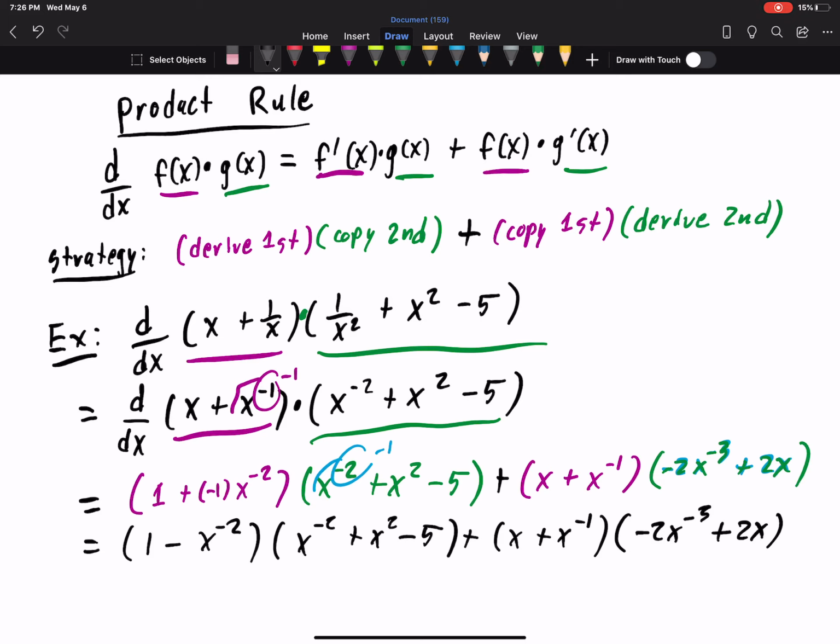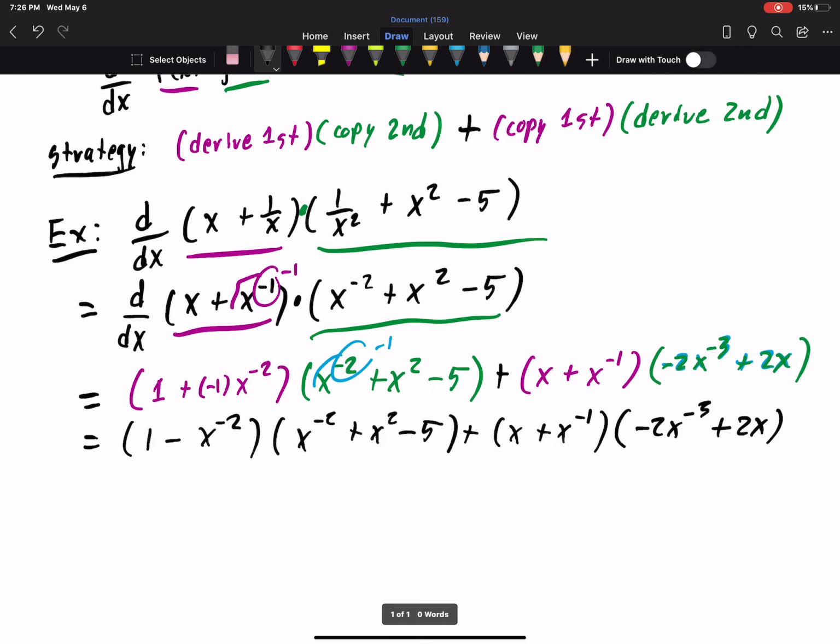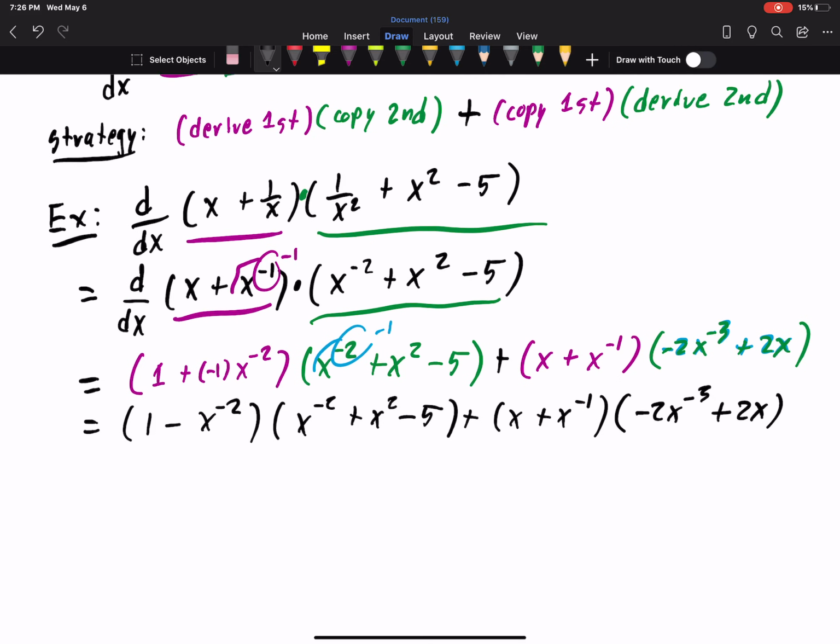Could we simplify this more, make it prettier? Yes. If you didn't like looking at negative exponents and some professor or teacher insists that you're not allowed to have them, which to me is a ridiculous rule, there's no reason for it, you can do the following. You can bring it all back to the denominator where they belong.